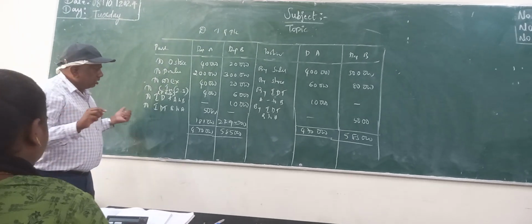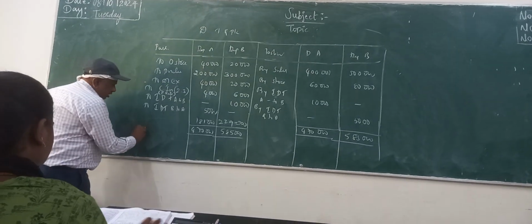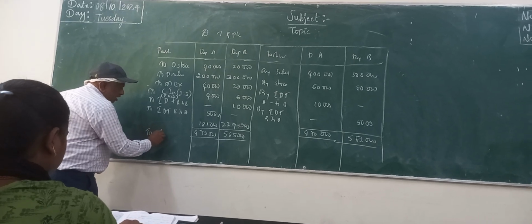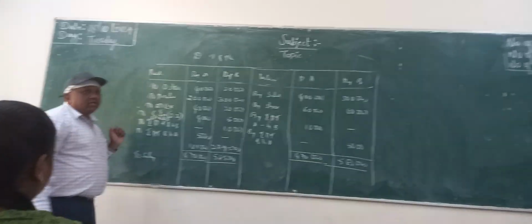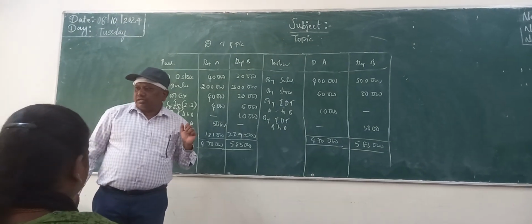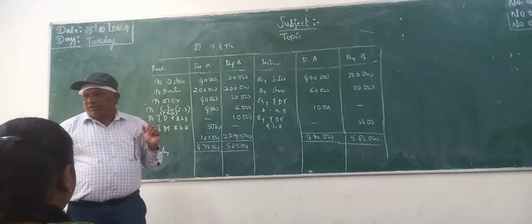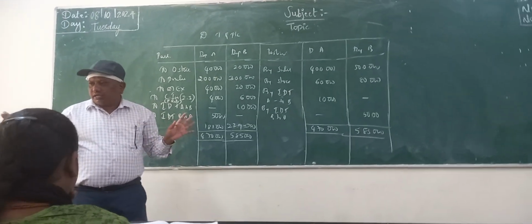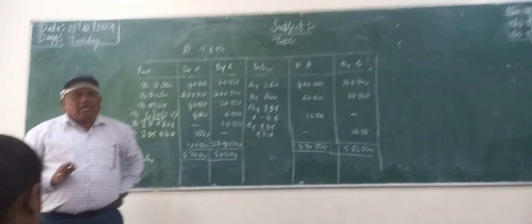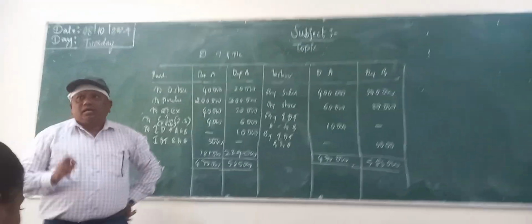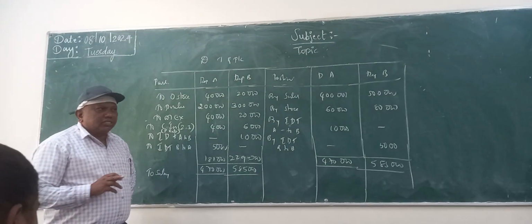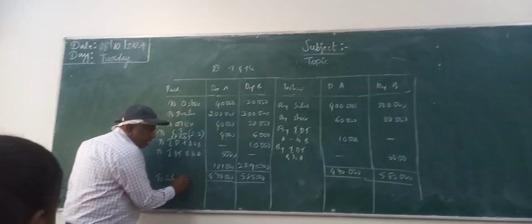What is the first one? Salaries. Salary is allocated based on sales? You are not thinking, simply telling. Salary we are giving based on how many workers. In A? 4. B? 2.